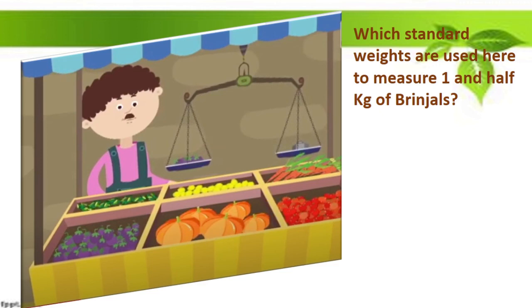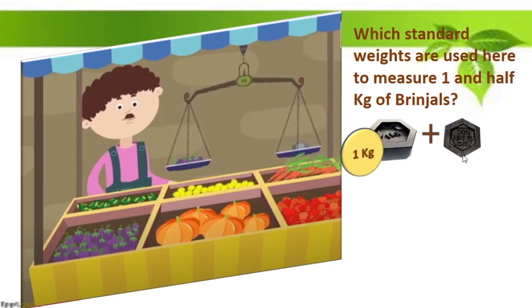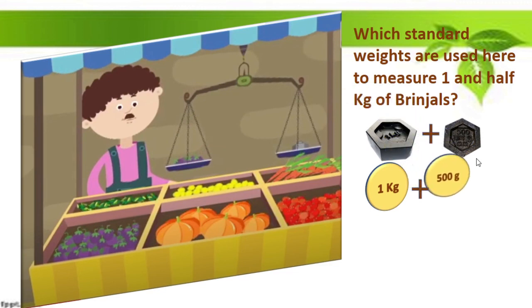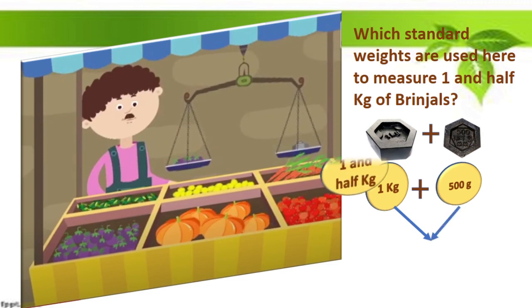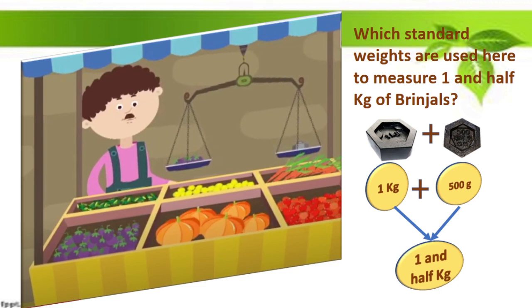Yes, you are right. 1 kg stone, and he will use 500 gram stone. 500 gram is nothing but half of 1 kg. That is 1 kg and half kg. This is 1 kg. This is half kg, that is 500 gram. So together they make 1500 gram, that is nothing but 1.5 kg. Right?